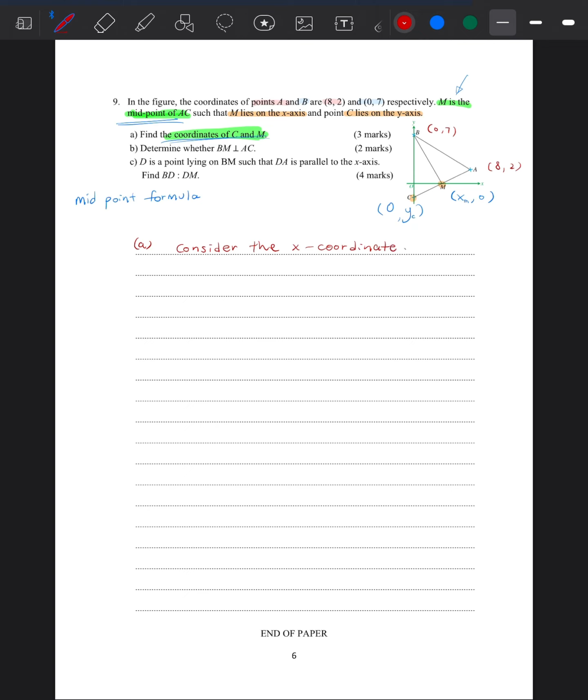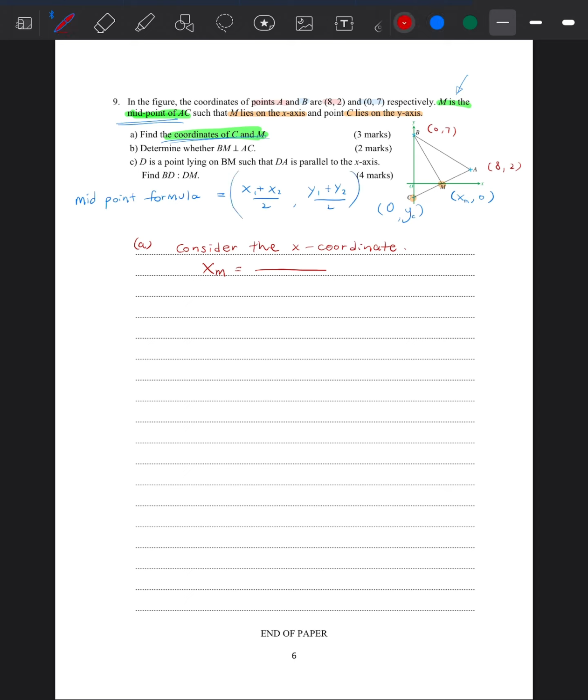So the midpoint is M, so the x-coordinate of M is x. And for the midpoint formula, it is your x plus x divided by 2 and your y plus y divided by 2 if you're using the coordinate form.